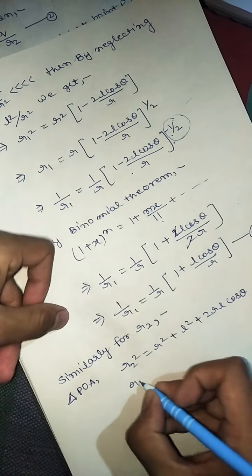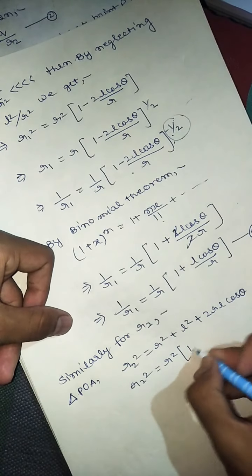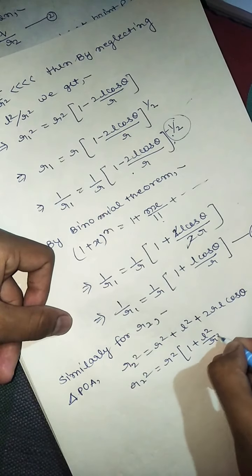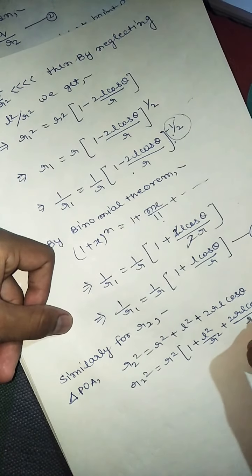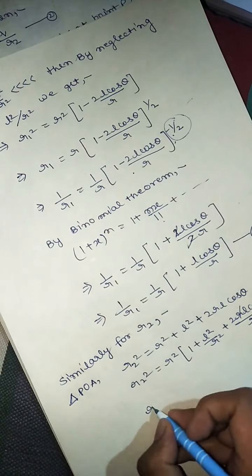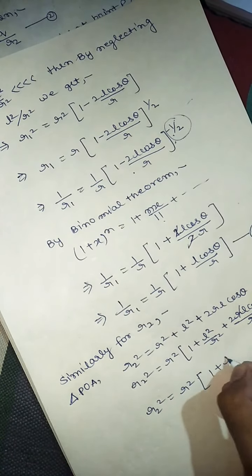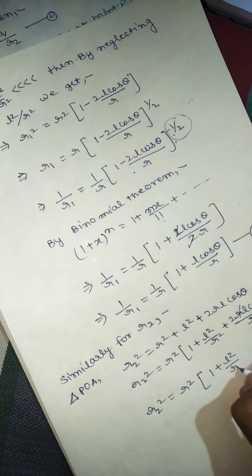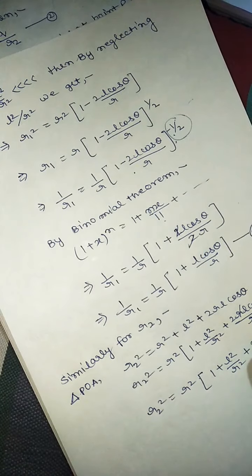So R2 square is equal to R square can be taken out, that is L square upon R square plus 2RL cos theta. It is just the same you have done. Then R2 square becomes R square, this one would be 1 plus L square upon R square plus 2L cos theta by R.